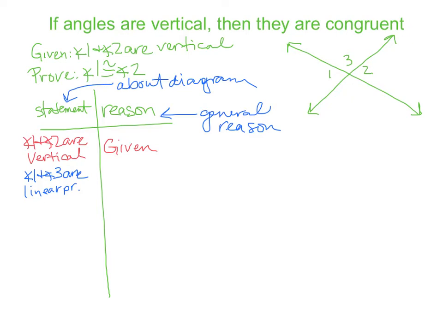Well, we know that by the definition of a linear pair, because a linear pair is two angles that are created really by a line and a ray. I can also say, for the same reason, angle 2 and angle 3 are a linear pair.